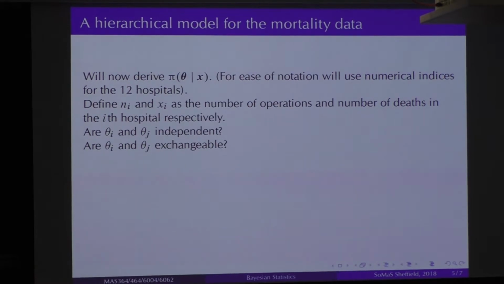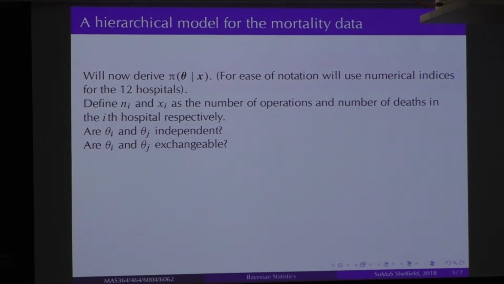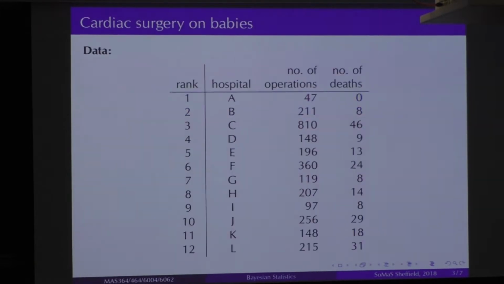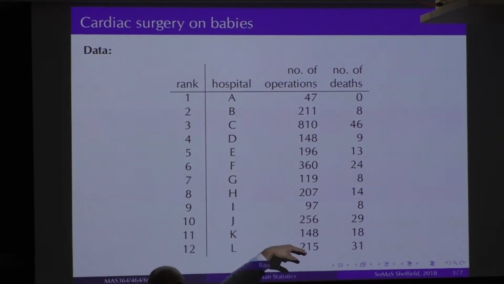Exchangeable. That means basically whether you gain something by getting the information in a different order. If there is information in naming the hospitals A, B, C, D, E, F, or naming them 1, 2, 3, 4, 5, you know what I mean, right? If you re-juggle this information, does that change the information that you have about the mortality rates?